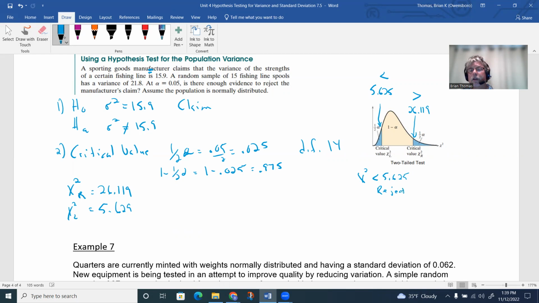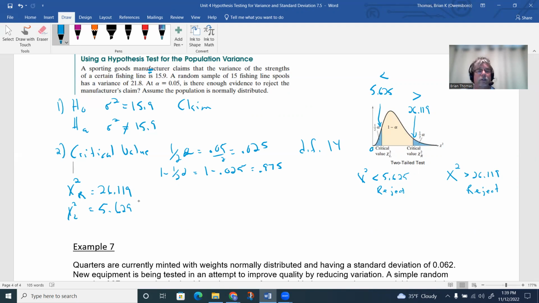If chi-squared is greater than 26.119, we also reject. So if we're right of 26.119, or if we're left of 5.629, we reject. Because remember, 0 is over here on the far left.